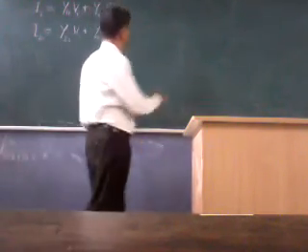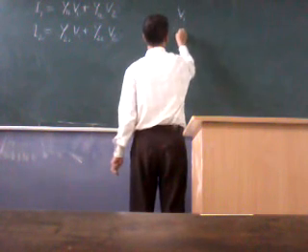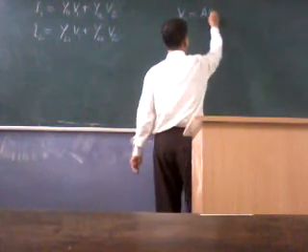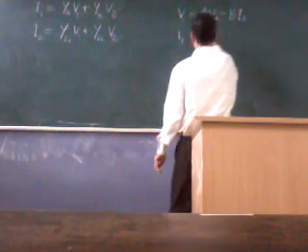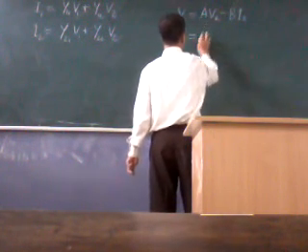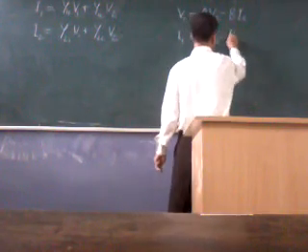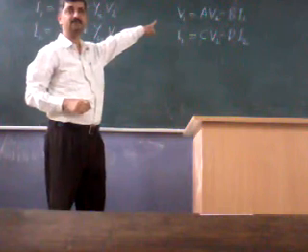What is ABCD now? V1 is equal to A V2 minus B I2 and I1 is equal to C V2 minus D I2. Is it correct? Right?